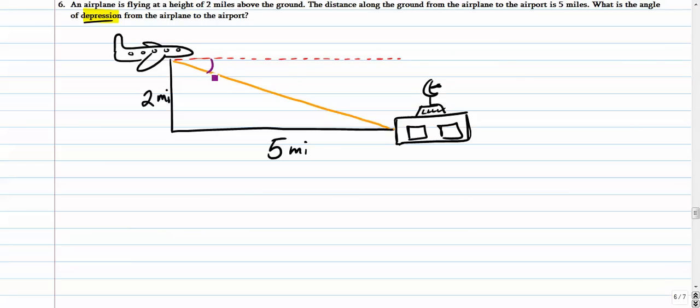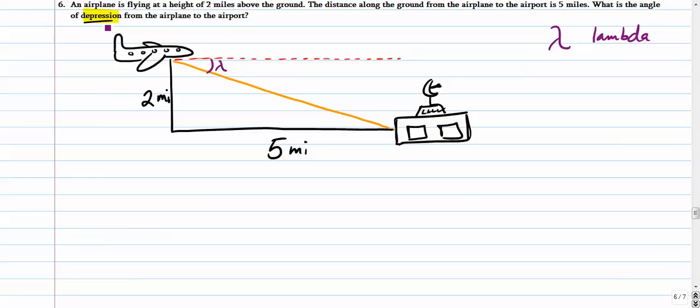So it's the angle between its descent trajectory and the horizontal. We'll call that, let's see, I'll just pick a new Greek letter that we haven't used before, lambda. L-A-M-B-D-A. All right, so lambda is our angle of depression.